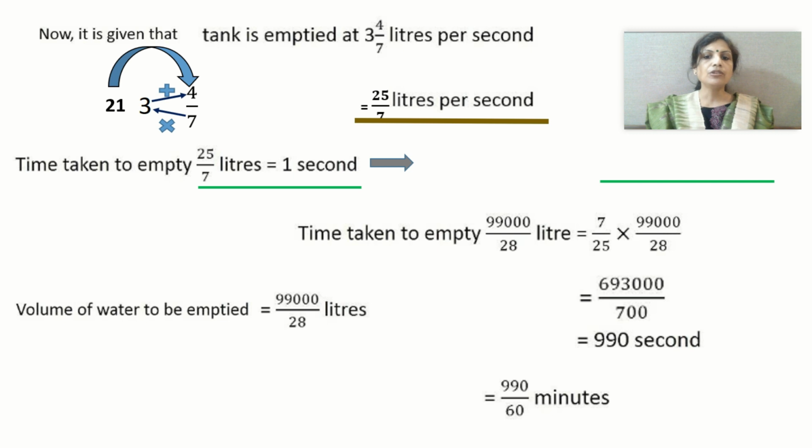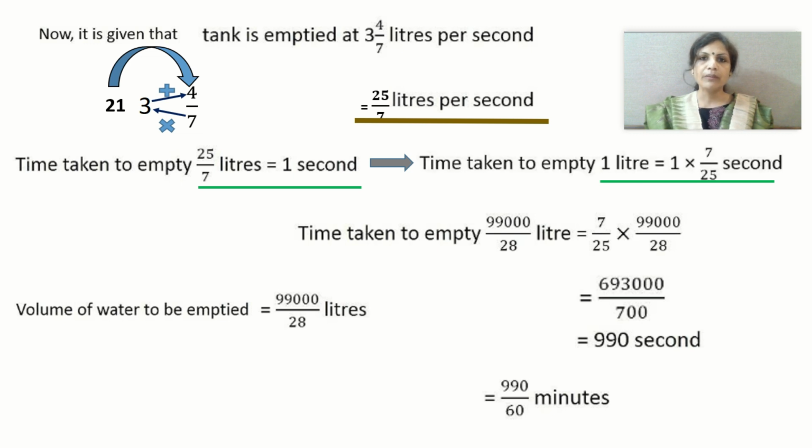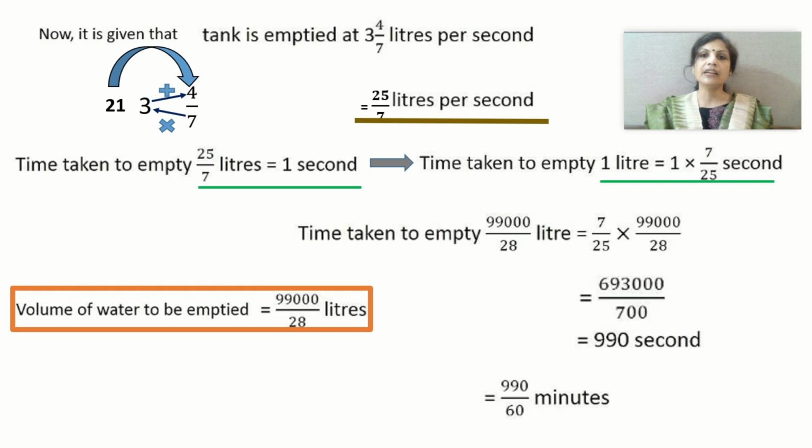So I'll find the time taken to empty 1 liter of water from the tank. That will be 1 upon 25 upon 7, so 1 upon 25/7 is 1 into 7 upon 25 second. We have already calculated that the volume of water to be emptied is 99,000 upon 28 liters.